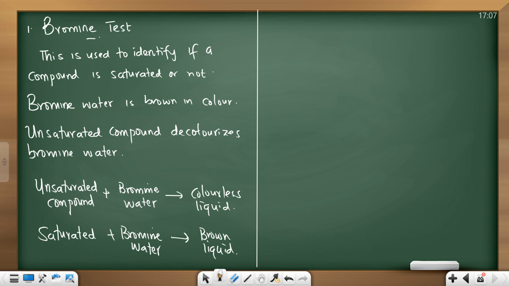Unsaturated decolorizes bromine water. Let's write as quickly as possible. No time to waste.